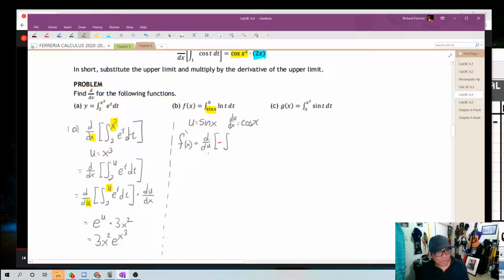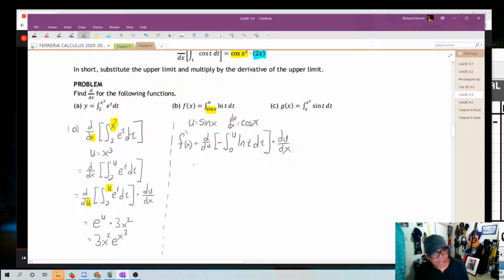So now 0 is in the lower limit, u is in the upper limit of natural log t dt, multiplied by du dx. Okay, so that was a whole lot of things I did there. Maybe I should have gone slower, but let's do it anyways.